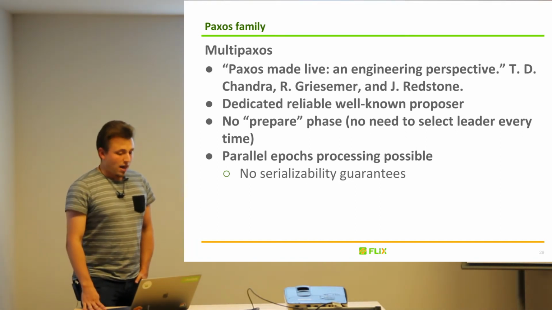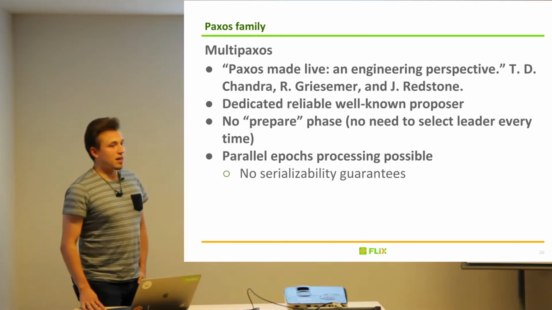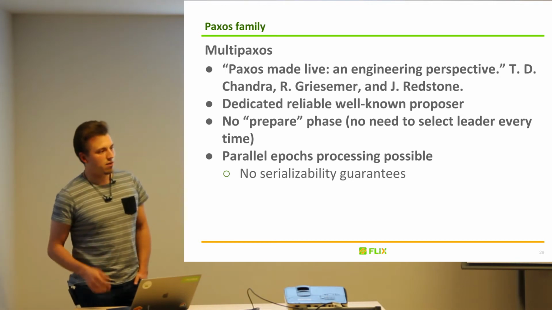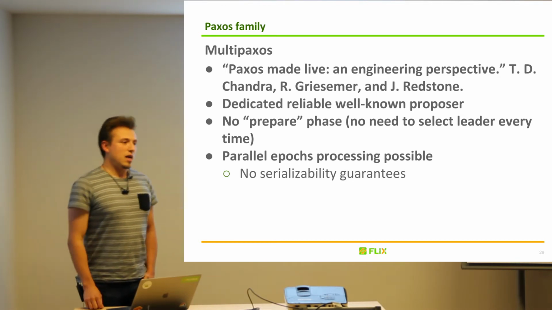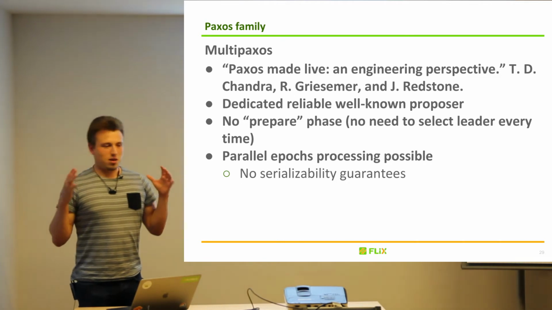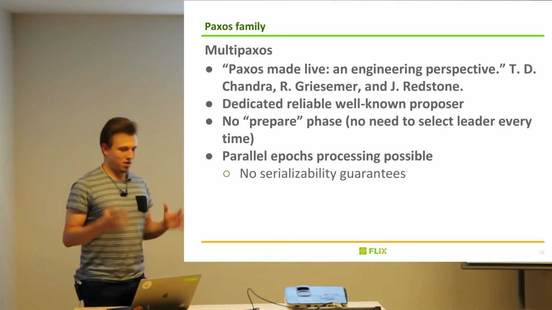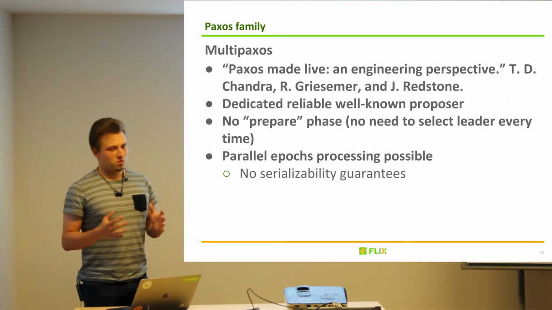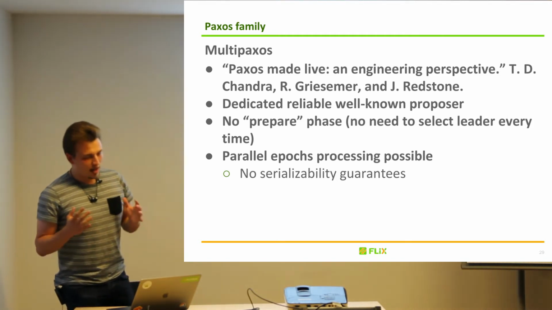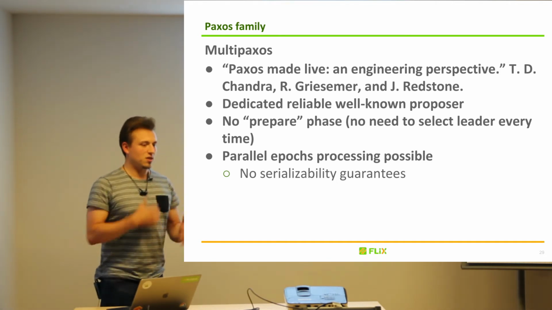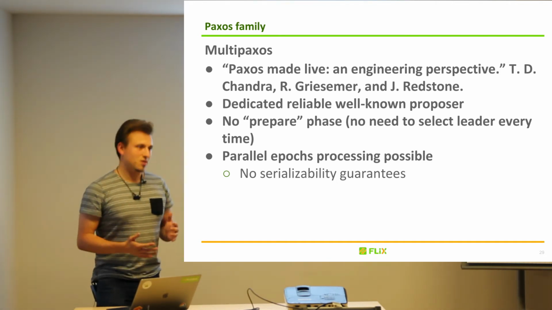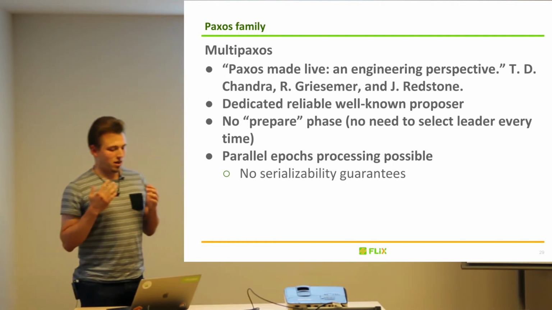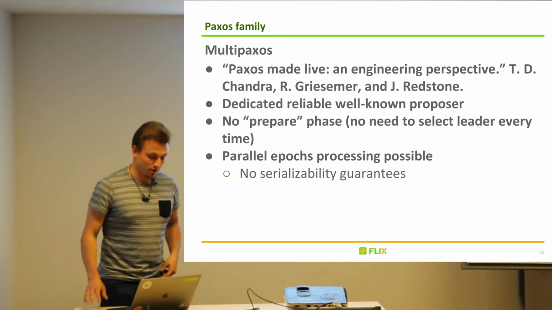What they stated is that you don't have to select a leader for every epoch. If your leader is a huge, reliable machine in the center of Google's data center, then it will probably survive for a long time, and you can save a lot of time not selecting the leader again and again. If it fails, then we fall back to original Paxos leader election, but in general, it's better.